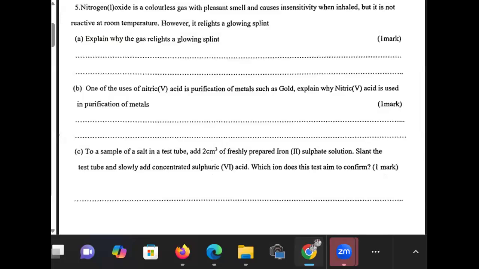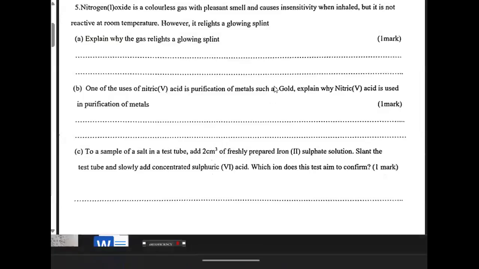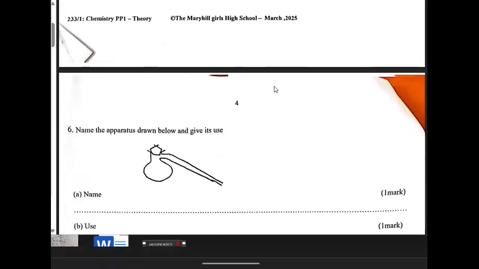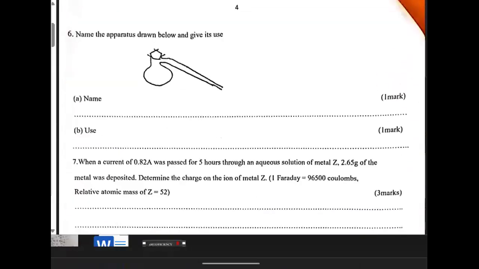Question number 6. Meanwhile, if there is a question, you can ask as we proceed. Now we are on question number 6.